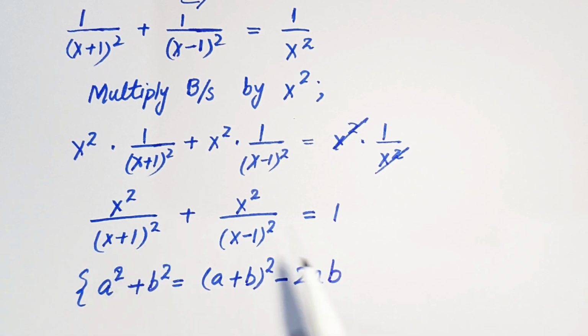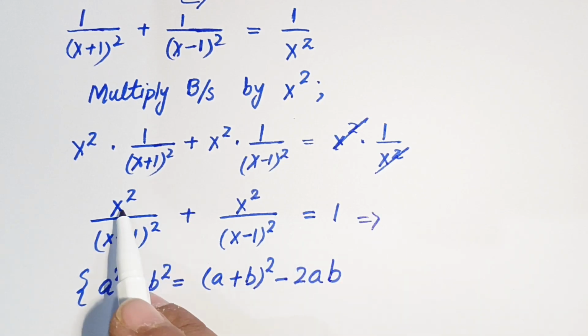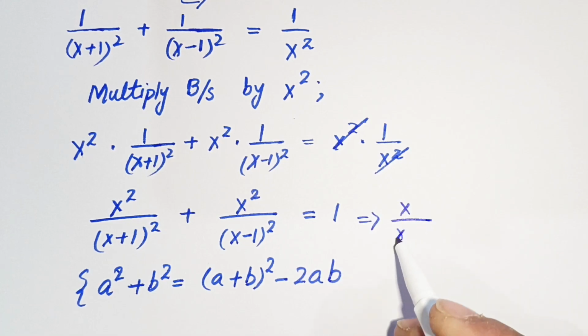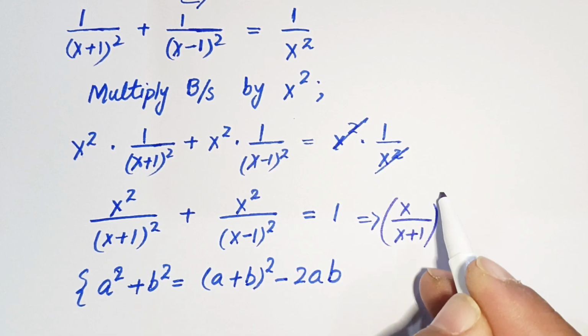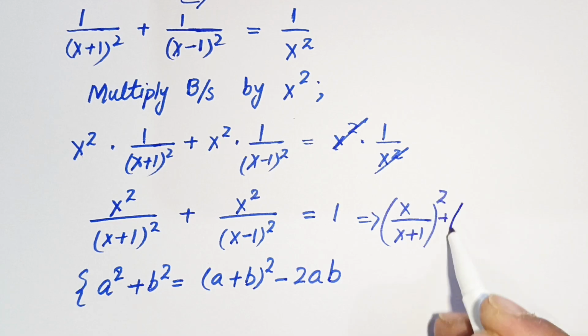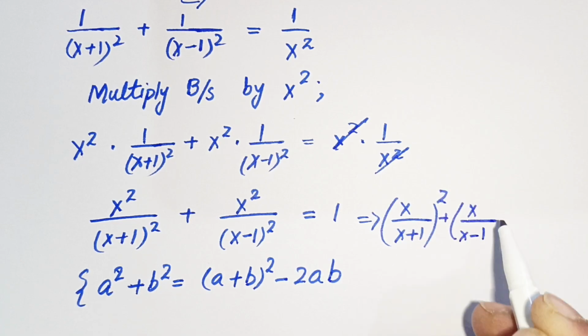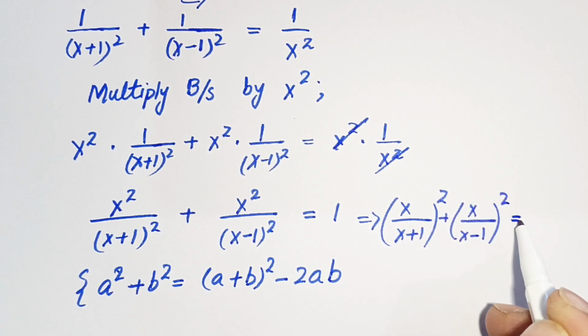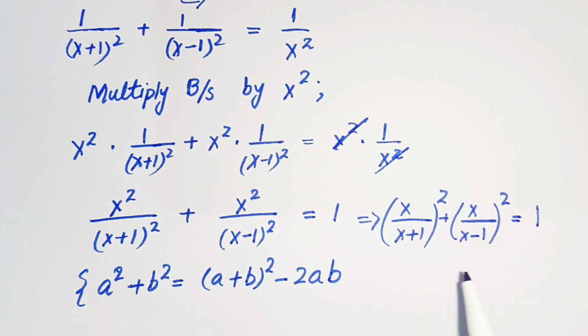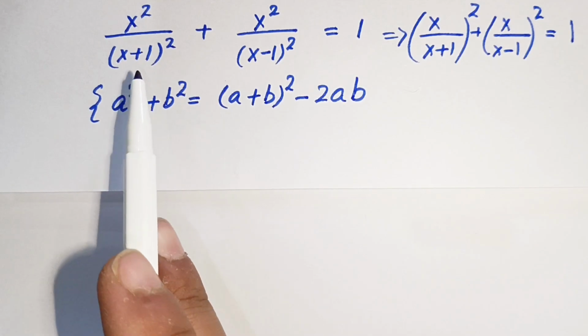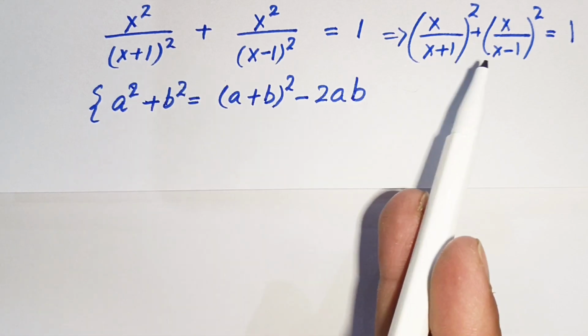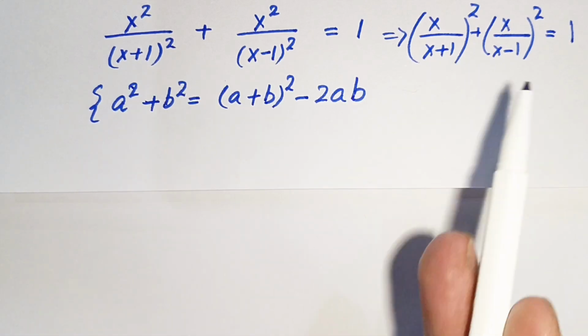So this will be written as (x/(x + 1)) whole squared plus (x/(x − 1)) whole squared, which is equal to 1. Here this is our a squared and this is our b squared, which is equal to 1.